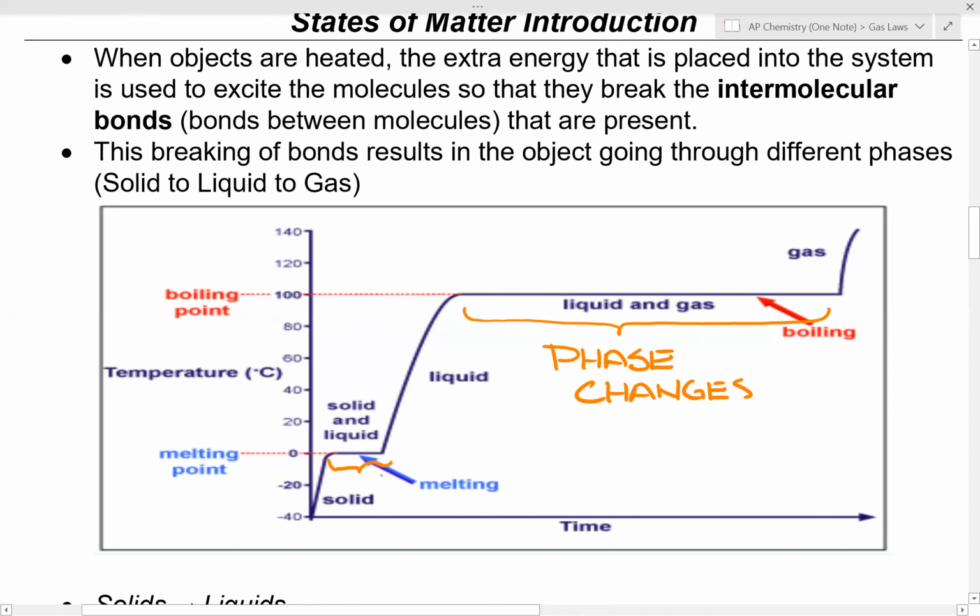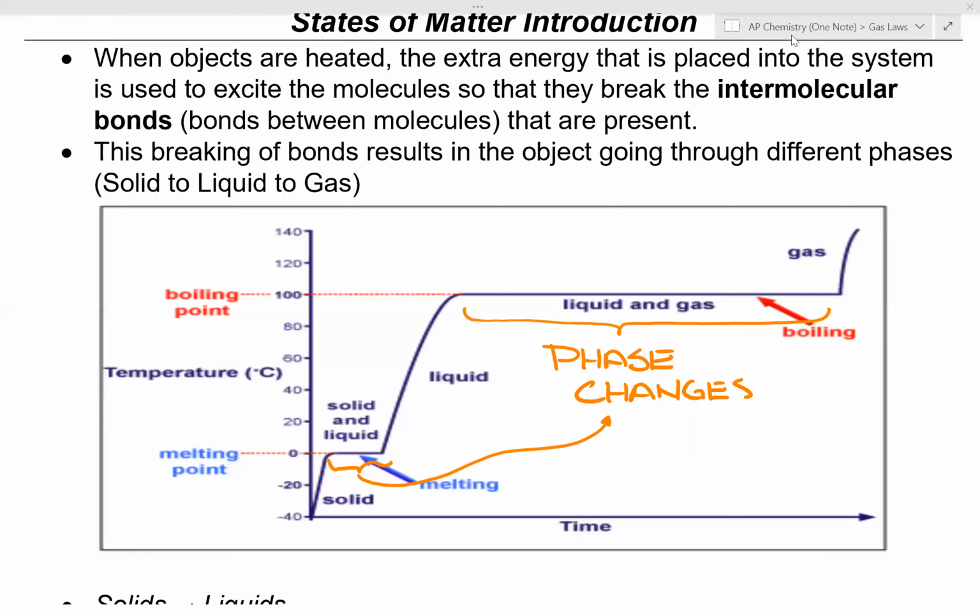Now, in this case, this is where the energy is being absorbed to break the intermolecular bonds, or the bonds between the particles.